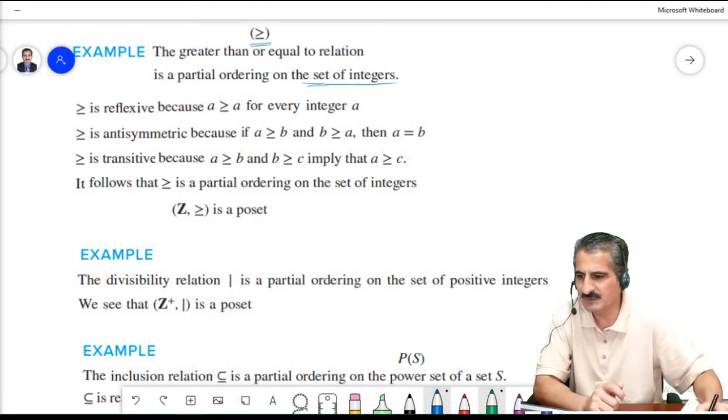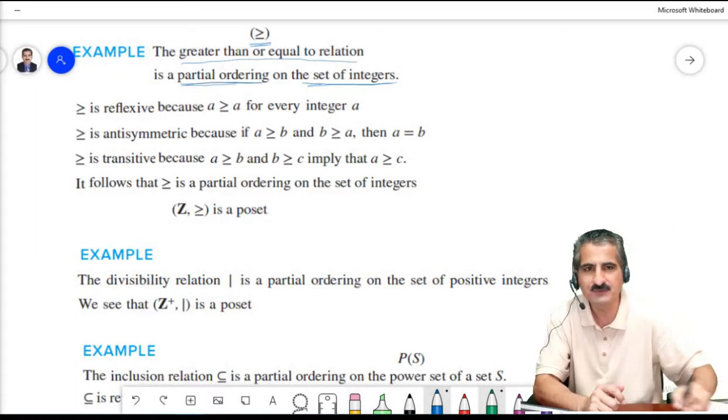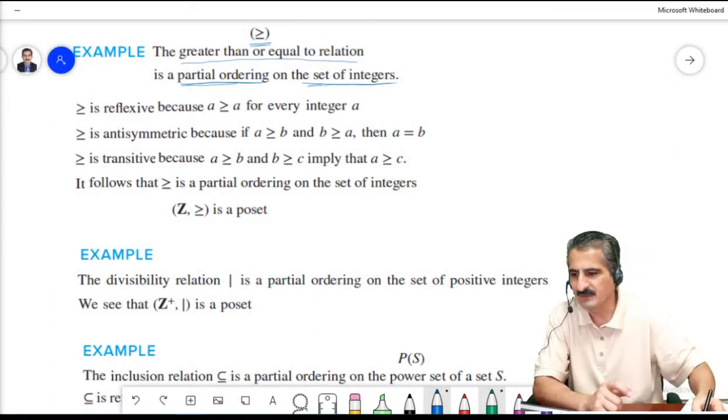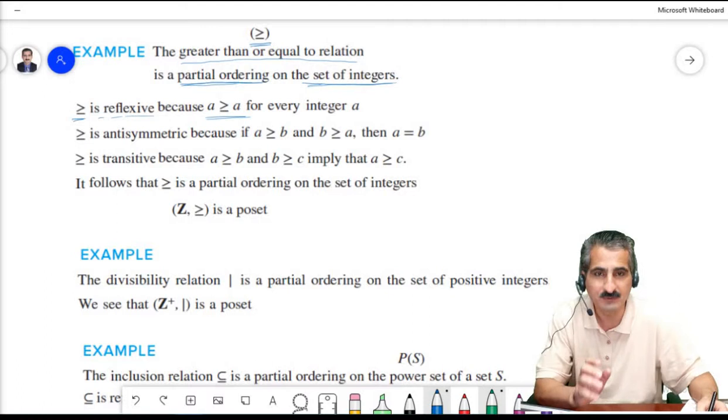We are saying the greater than or equal relation is a partial ordering, and we need to prove that. Usually you will be given a relation and asked to prove whether it is a partial ordering or not. Just go and prove the three properties we have seen. Reflexive. Is this relation reflexive? Yes, it is, because every element is greater than or equal to itself.